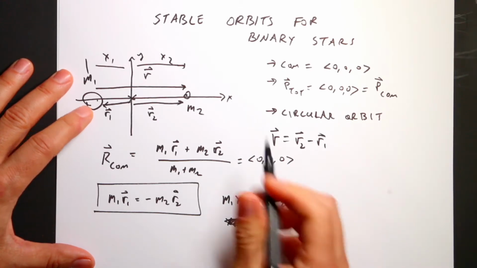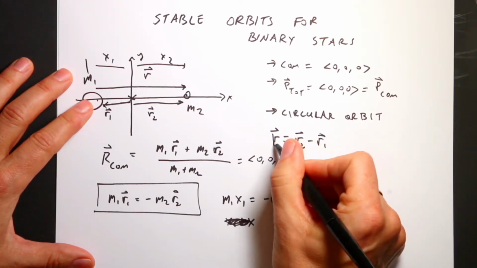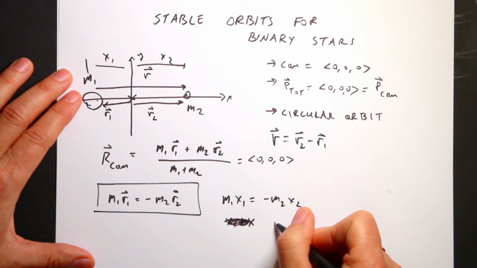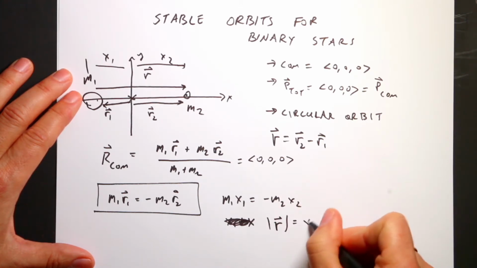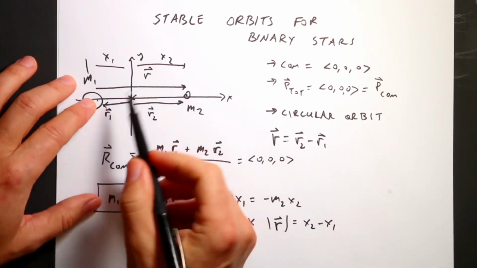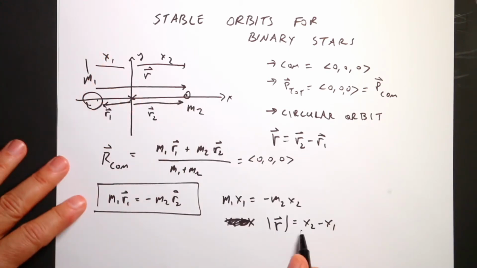It's the displacement vector from star 1 to star 2. So that means in the x components, if everything's in the x direction, I could just call this the magnitude of r, because it's in the x direction. It's going to be x2 minus x1. Now, x1 should have a negative value, right? So that means whatever this distance is plus this distance would be r. So that is indeed true.